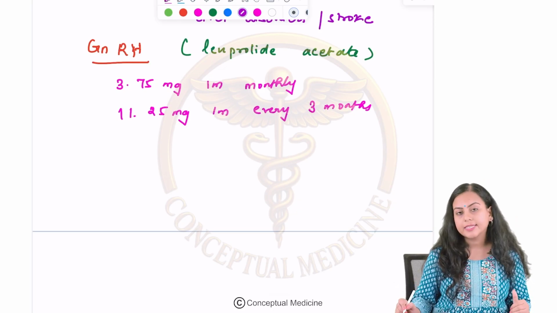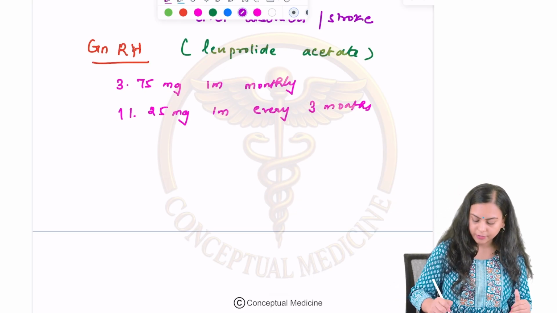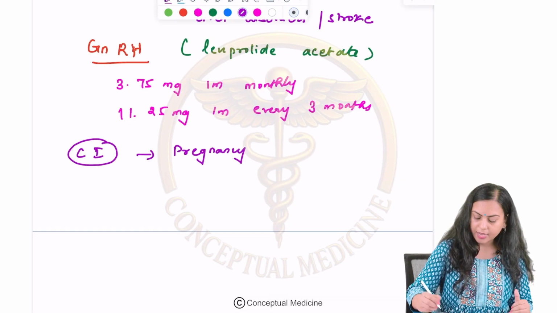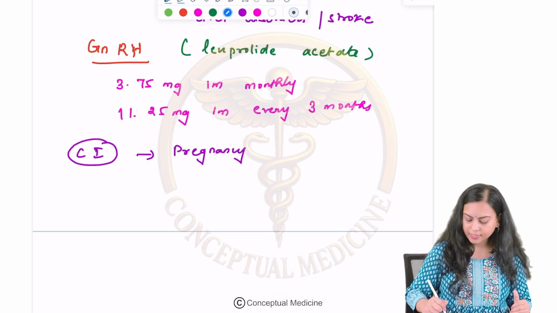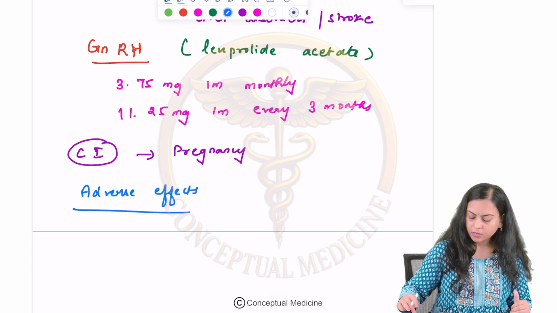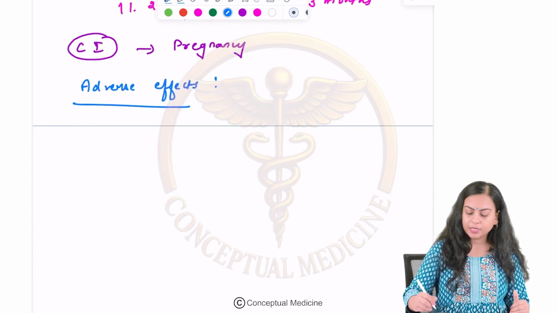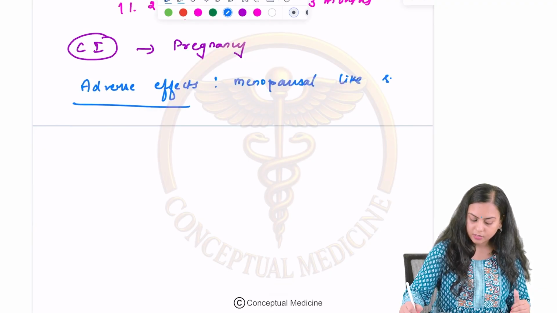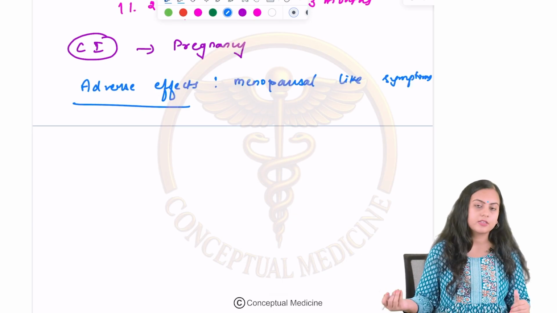So the contraindications of giving this drug include pregnancy, and if you ask me what are the adverse effects, there can be menopausal like symptoms, like hot flashes, vaginal dryness.